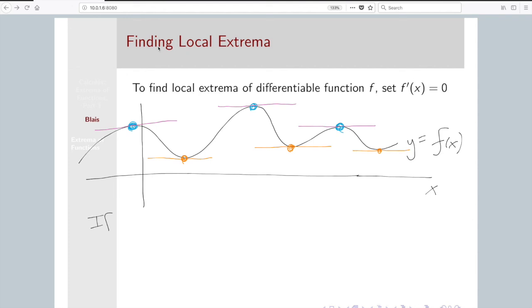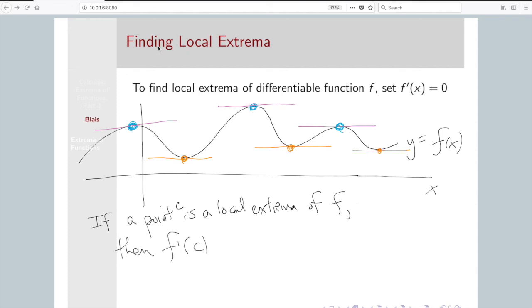So we'll say if a point c is a local extrema of f, then f prime of c has to equal 0.